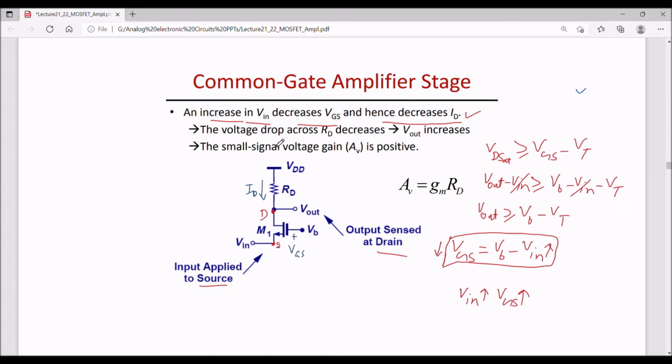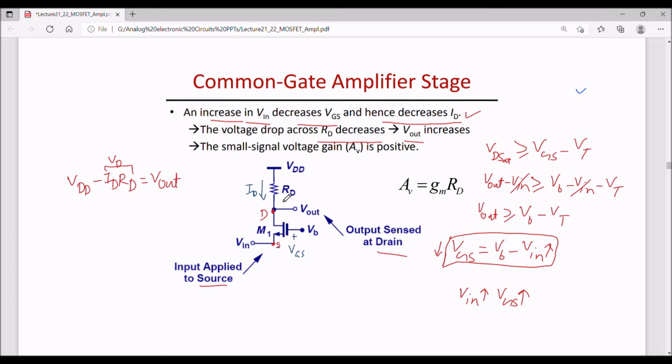Now the next point says that the voltage drop across RD decreases when Vout increases. Obviously one can write a relationship here looking at the drain side. So one can write VDD minus ID RD is Vout. This ID RD is the drop across this resistor RD.